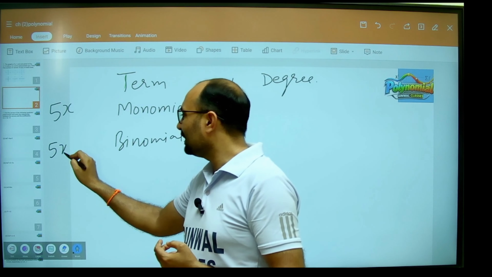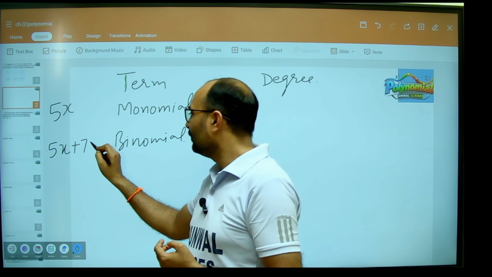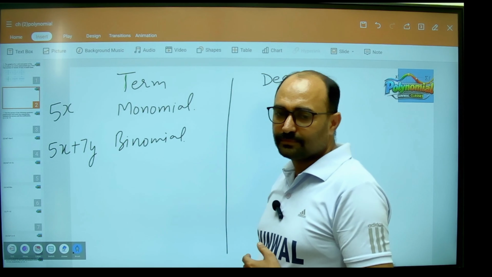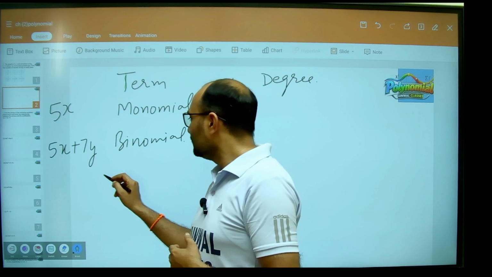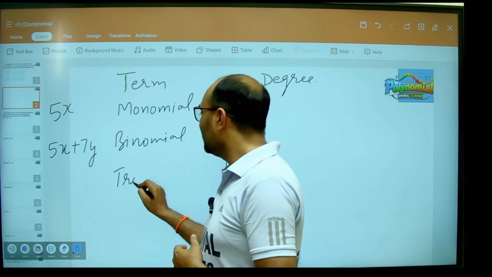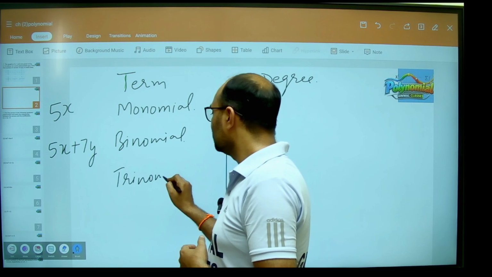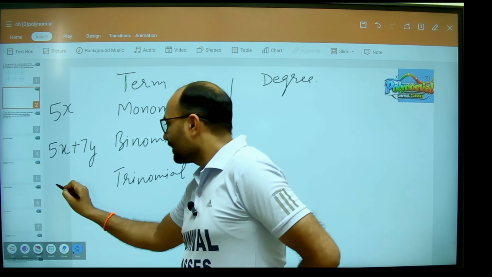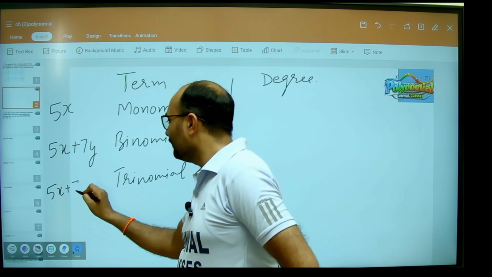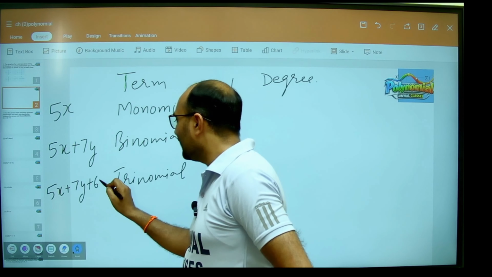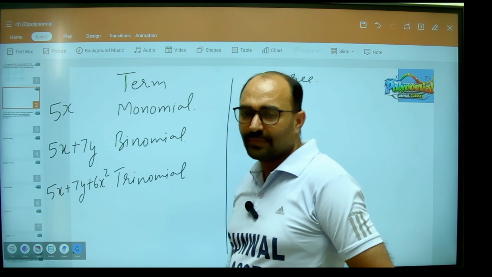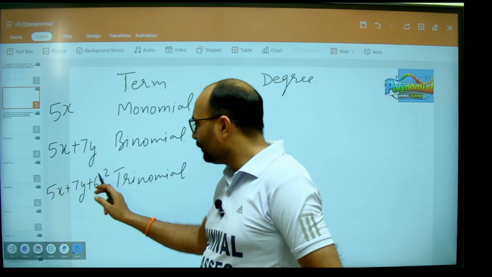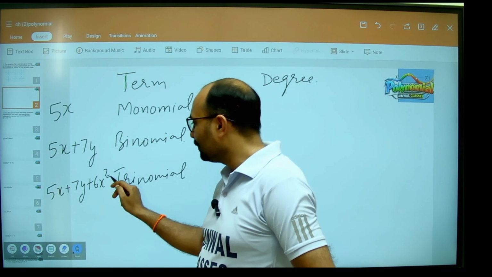Let's say 5x plus 7y. Binomial. Trinomial, three terms: 5x plus 7y plus 6x square. Now these are different terms because the exponent is different.